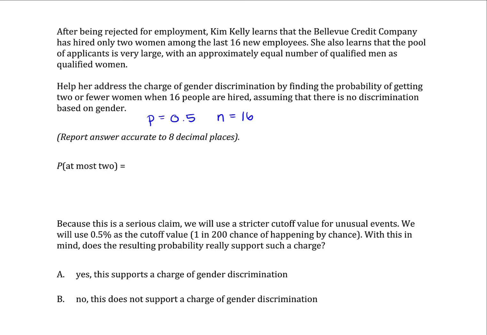The trials are independent because we're pulling from a large population with an approximately equal number of men as women, and so the probability of each new hire should be the same on each trial. And we have a fixed number of trials. 16 people are hired, so we're looking for this probability.